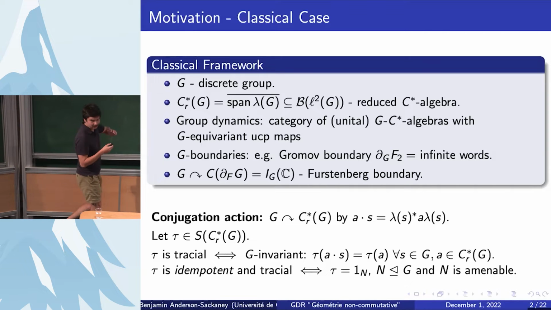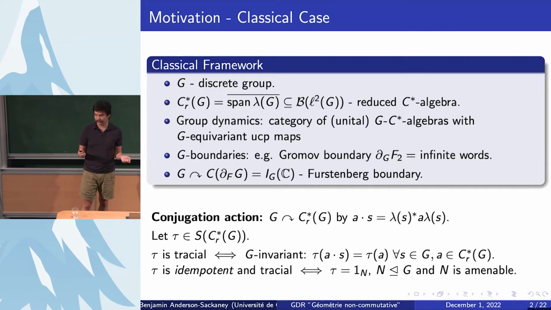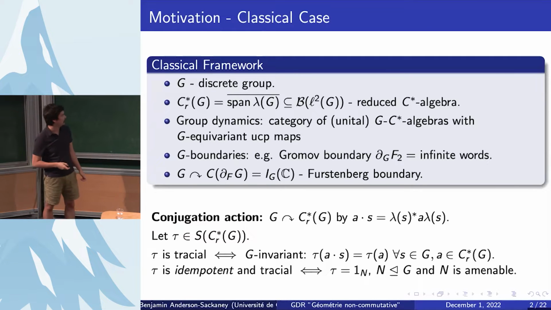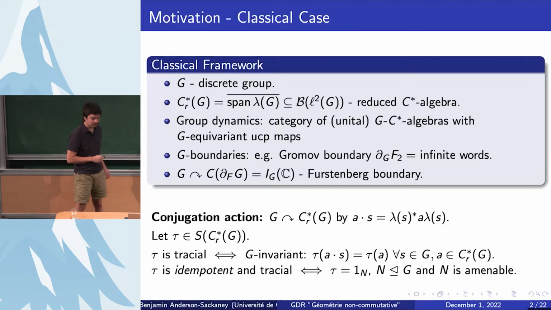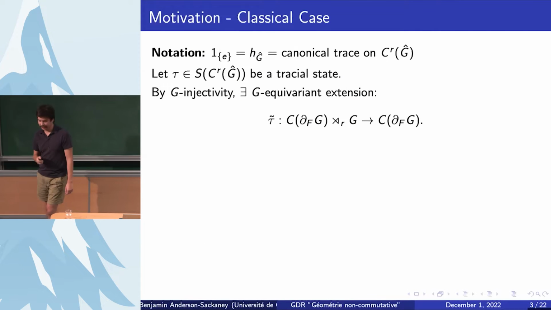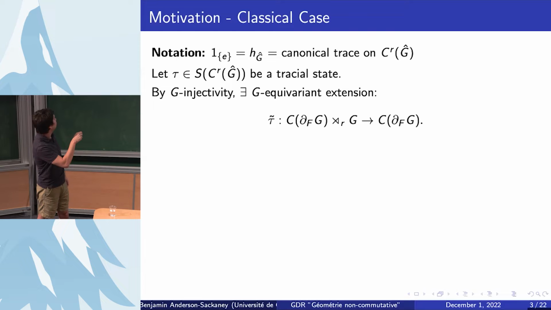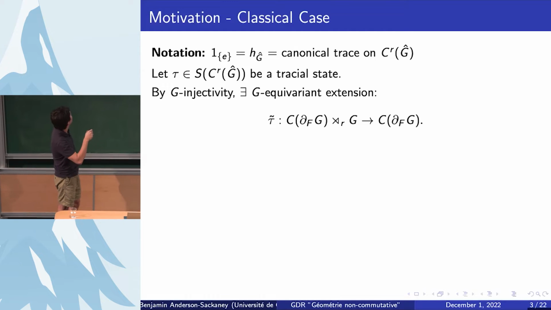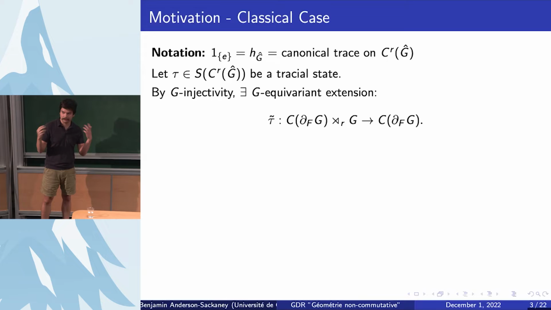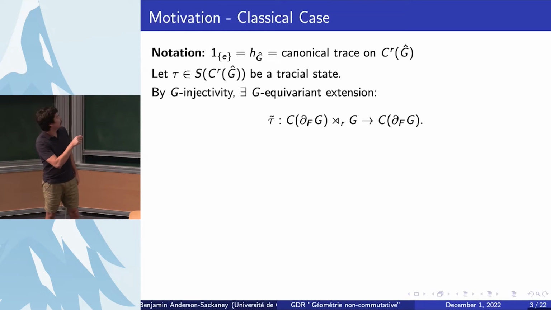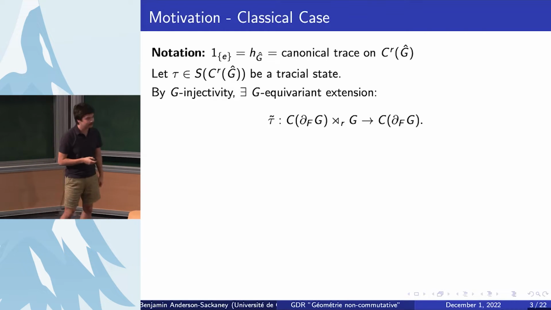Functionals on the reduced C-star algebra are completely determined by the function that you get when you restrict to the copy of G. So this is the general framework. For a bit more notation, I denote the trivial idempotent tracial state by that. This is also usually known as the canonical trace on the reduced C-star algebra. It actually turns out to be the Haar state in a quantum group sense.